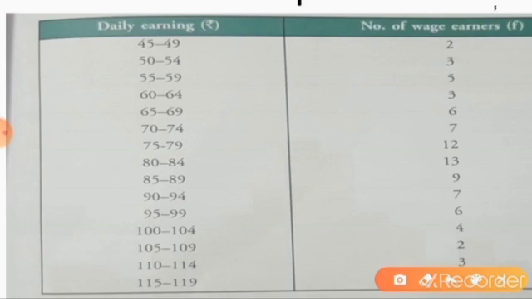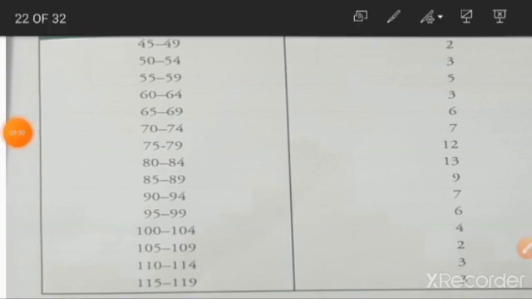The difference is 1. The 1 is divided by 2, so you get 0.5. The 0.5 is subtracted from the lower limit and added to the upper limit. So the values you get are 44.5 and 49.5, then 49.5 and 54.5, and then 54.5 and 59.5.